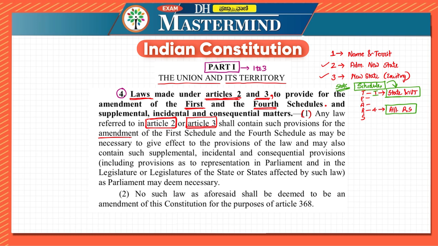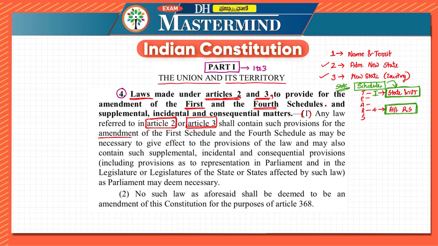So the changes to this also have to be made, because it is a modification of the states. That is, a new state has been formed, and now there have to be different seats to represent that particular state, right? So those changes also have to be made to Schedule 4 and Schedule 1. I hope you are understanding.